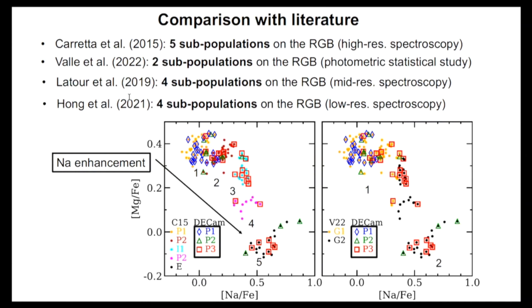We can see that the primordial stars here in blue are the ones that are sodium poor and oxygen rich, and then with time they evolve and they become enhanced stars, or P3, these red ones, which are sodium rich and oxygen poor. So we see that this method works, and you can essentially identify all the groups, including all the stars that you can see in the cluster, while with spectroscopy you only have a subsample of stars. So this is a subsample that we could cross-match with the spectroscopy.